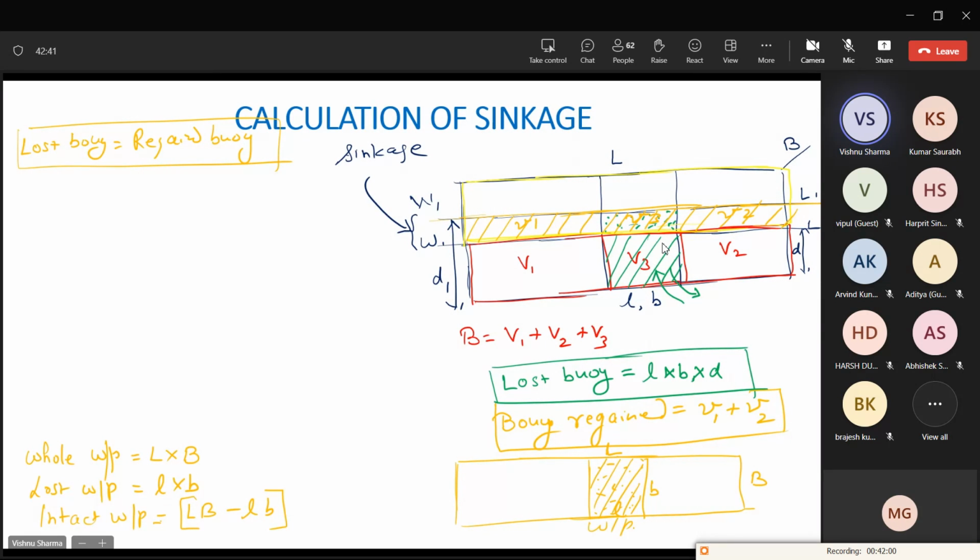So the intact water plane means the water plane of my vessel. Before bilging, the whole water plane was intact. After bilging, the intact water plane is reduced to capital L into capital B minus small l into small b.